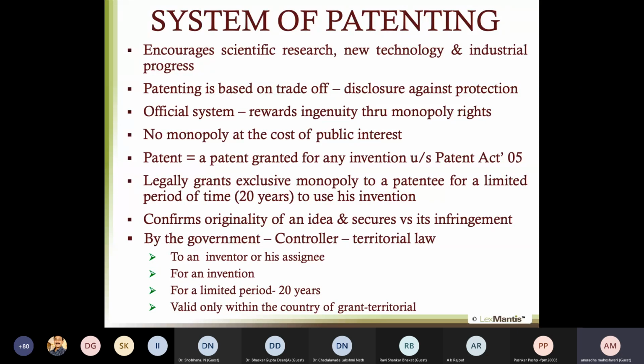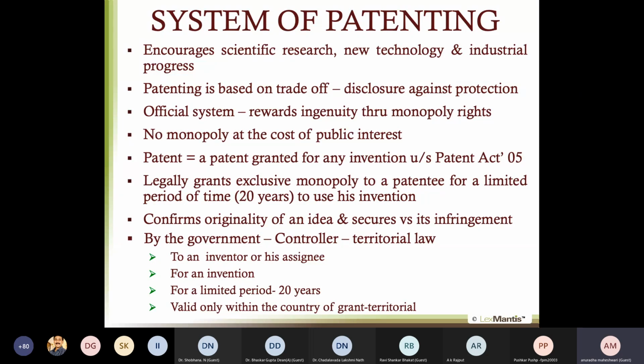The disclosure of the invention is very important because the country, whichever country that is, can grow only when the technology is brought into the public domain. So we must give you monopoly, but we can't give you a monopoly forever. Monopolies are granted for a very limited period of time, and this came to be recognized all around the world.